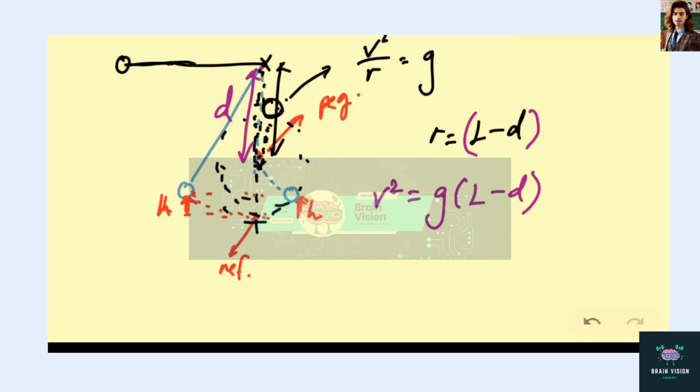Now what is v squared? By conservation of energy, when the ball is released from rest, it has a potential energy of mgL, taking the reference point to be over here.